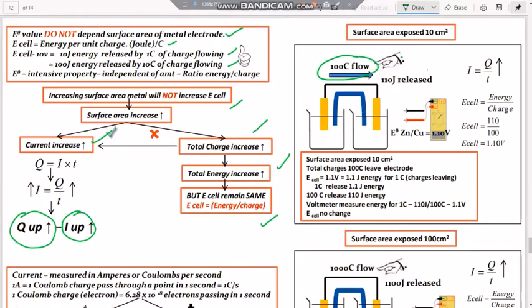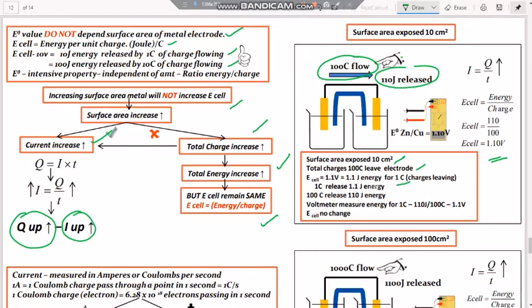100 coulombs flow, which means 110 joules is released. Then what is E cell? E cell is 1.10 volts, because the surface area taken is 10 centimeter square and the total charge of 100 coulombs leaves the electrodes. E cell equal to 1.1 volts means 1.1 joule of energy for 1 coulomb.